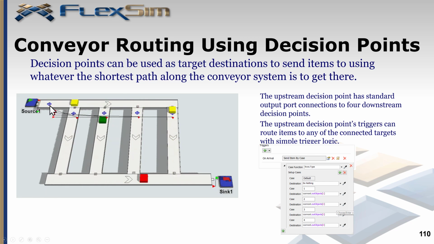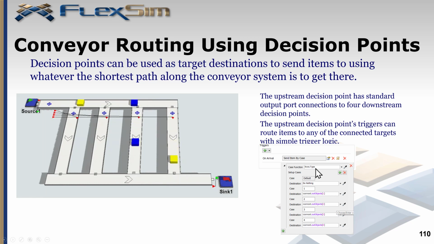This upstream decision point's trigger is what routes the flow item. We use an on-arrival trigger, as shown here on the right, and choose the option to send item. And there's a couple ways of sending it, either by condition or by case or by label. In this case, it's send item by case, and the case function is a label on the flow item called type.